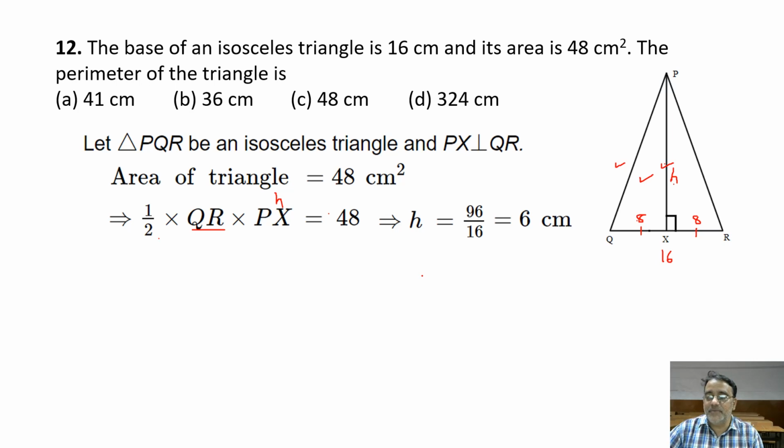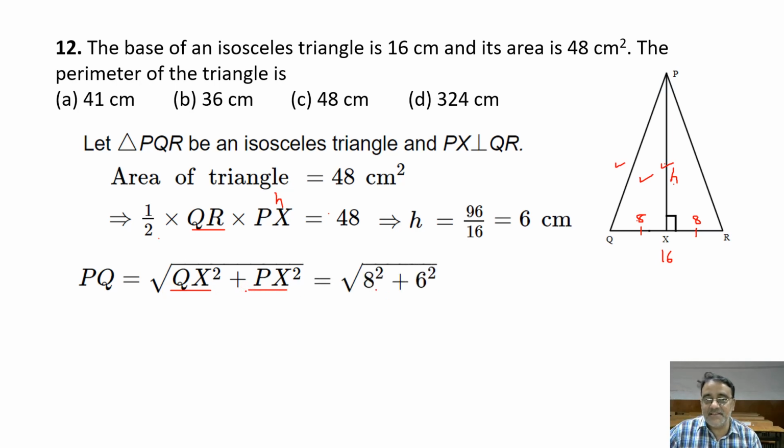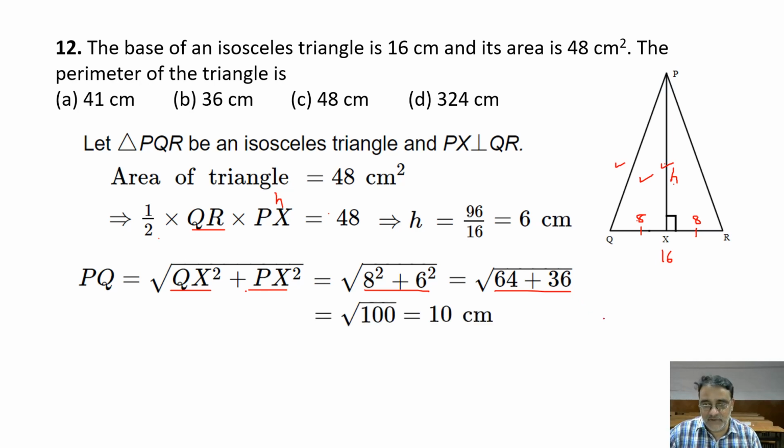So PQ will be the square root of 8 square plus 6 square, that is 64 plus 36, and 64 plus 36 is 100. What is root over 100? 10, right? So look carefully, we got 10, 10 for both of these, because this is an isosceles triangle, so this is 10, this is 10 and this is 16.